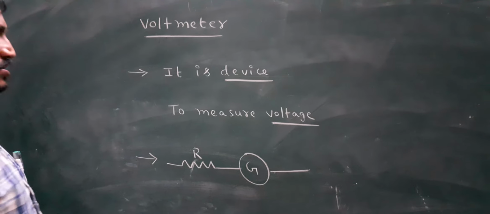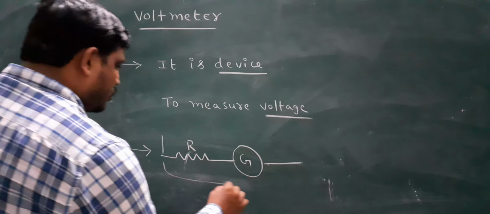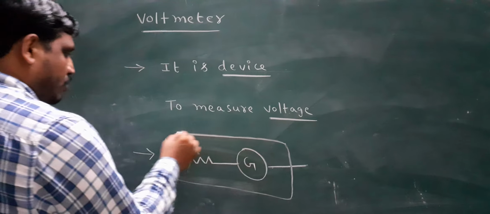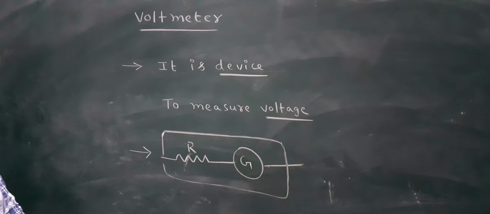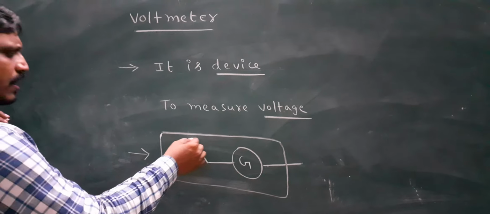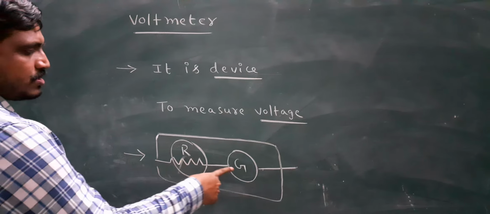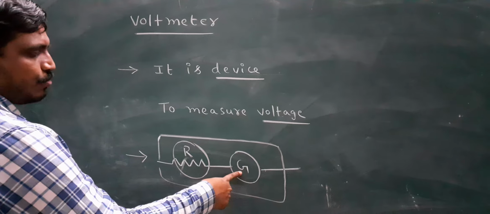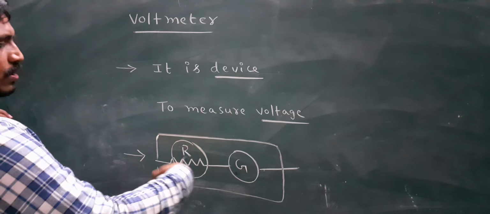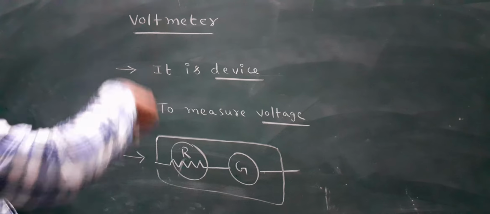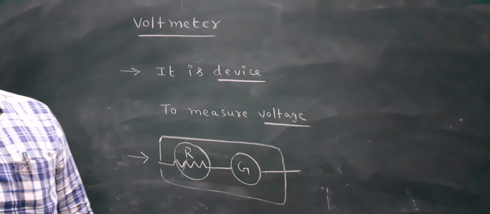This total arrangement is called voltmeter. Once again I repeat, high resistance connected in series to the galvanometer. This total arrangement is called a voltmeter.